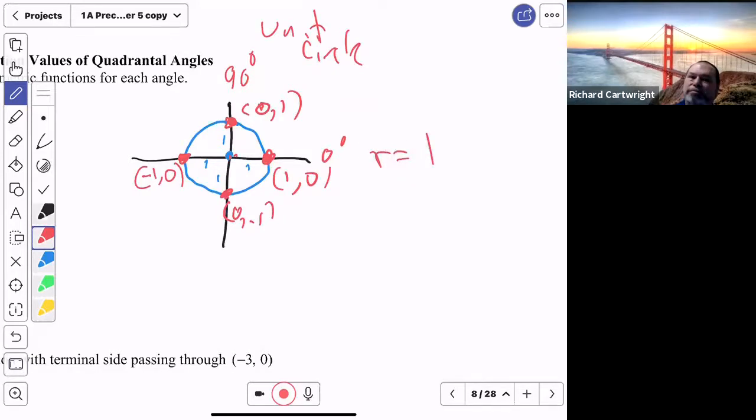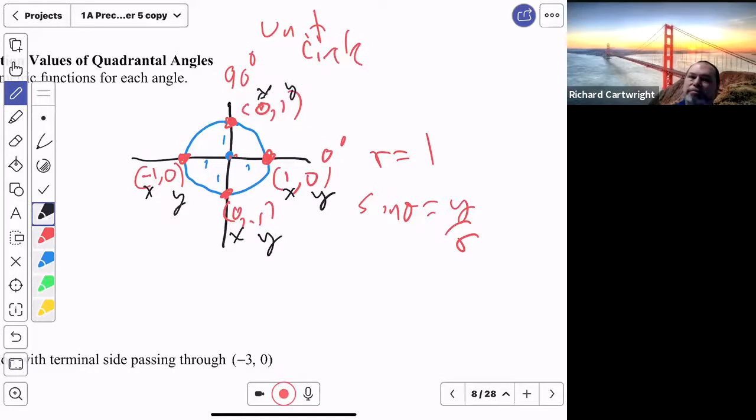So when I say sine of theta is y over r, then look at here. This is my x and this is my y.